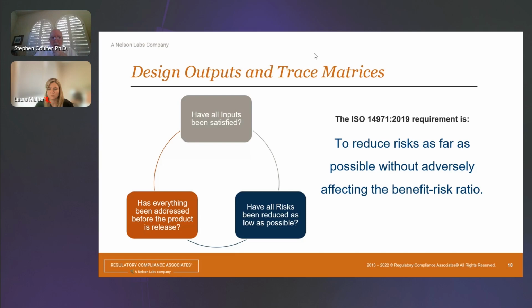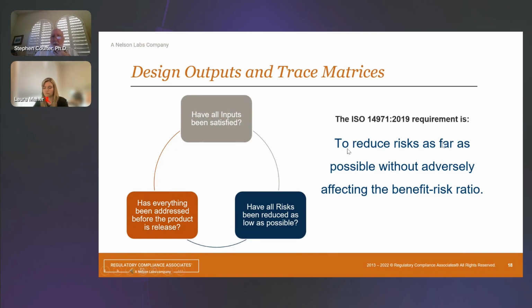So these are put together, and it's an iterative process. The goal of 14971 is to reduce risks as far as possible without adversely affecting the benefit risk ratio.